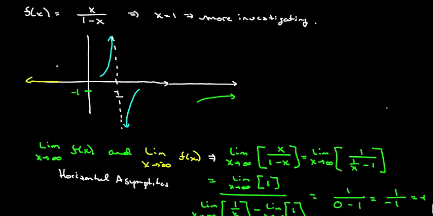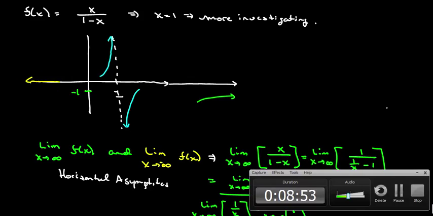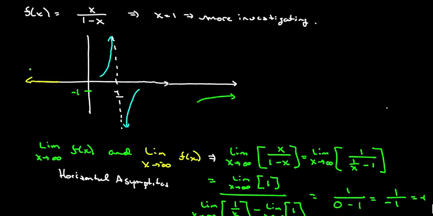Now let's go ahead and look at the negative direction. Over here on this side, we want to know what's happening to the function as we go this way. Well, what we're really asking is what is the limit as x approaches negative infinity of that same function, x over 1 minus x. Now what we're going to do is the same trick.